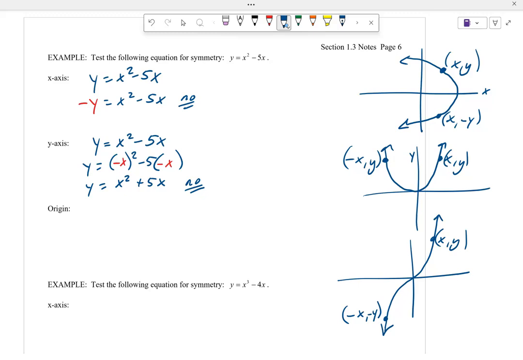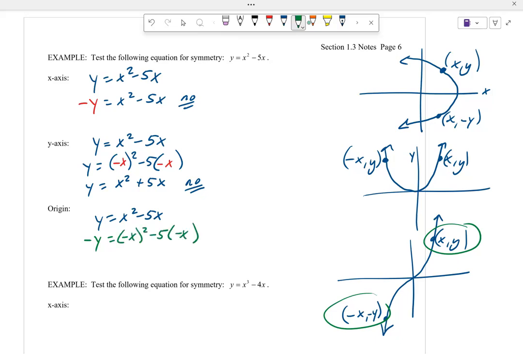So not symmetric with respect to the x-axis, not symmetric with respect to the y-axis. Is this thing symmetric with respect to the origin? Well, when we do the origin one, we're replacing x with negative x and y with negative y. Let's replace y with negative y, x with negative x, and let's see what we get. Negative y equals x squared plus 5x.